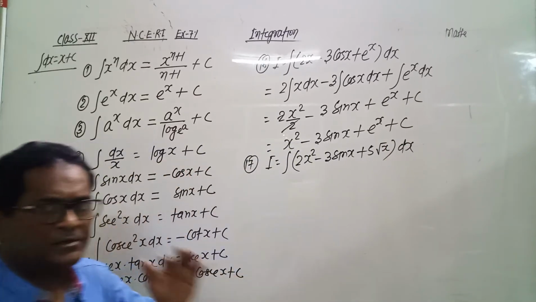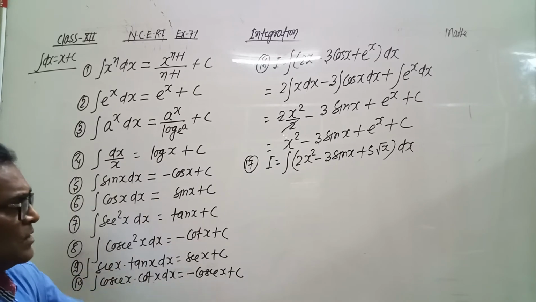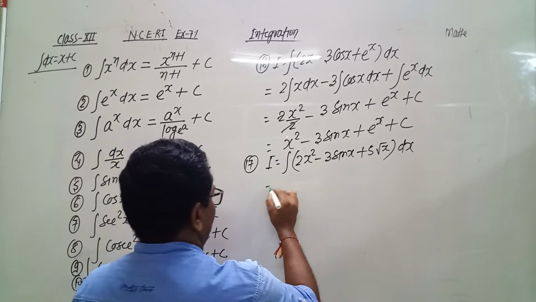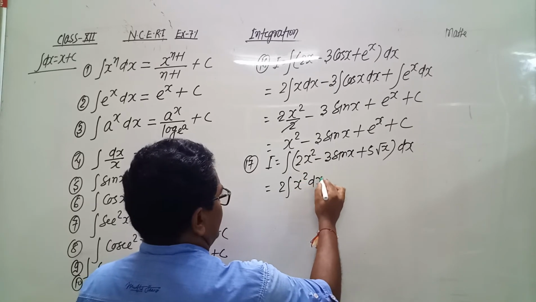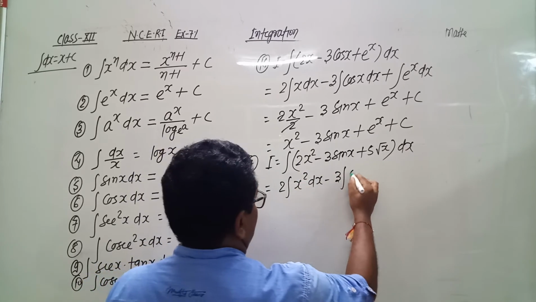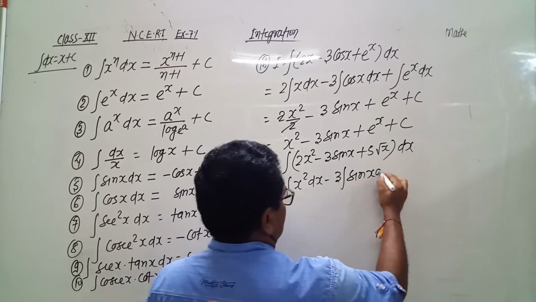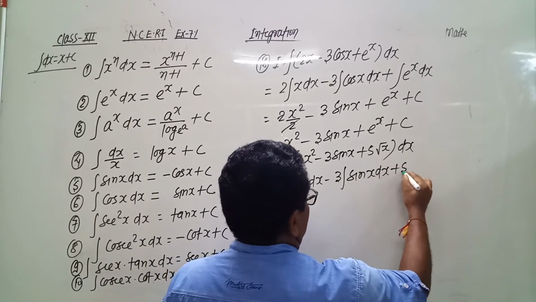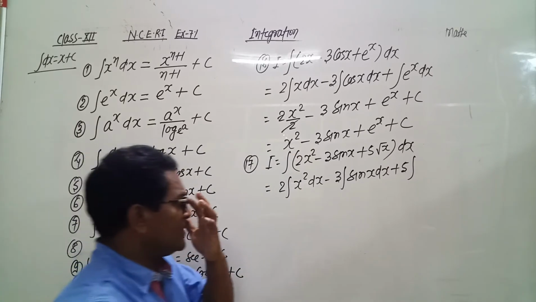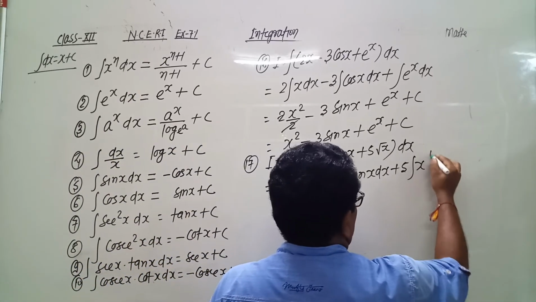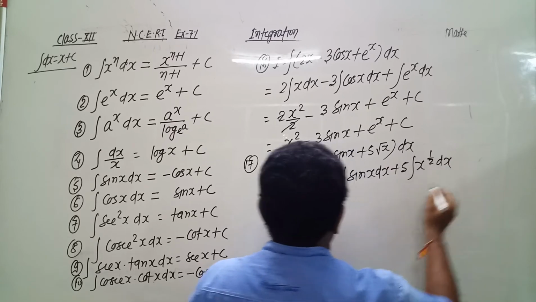So we separate all these terms, taking the constant term outside the integral. So 2 integration x square dx minus 3 integration sin x dx plus 5 integration root x dx, and root x can be written as x raised to the power 1 by 2 dx.